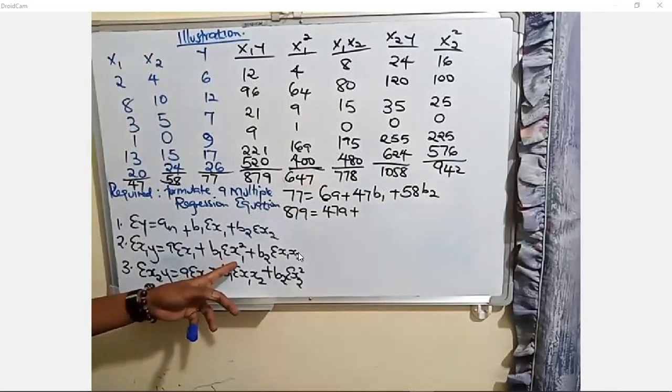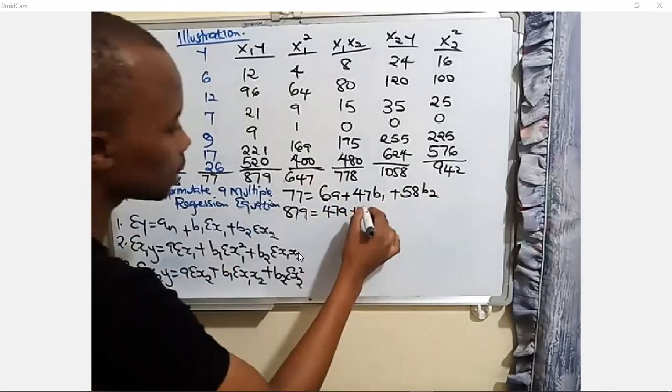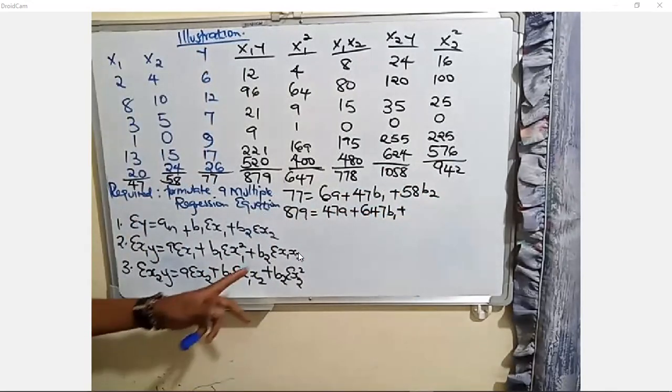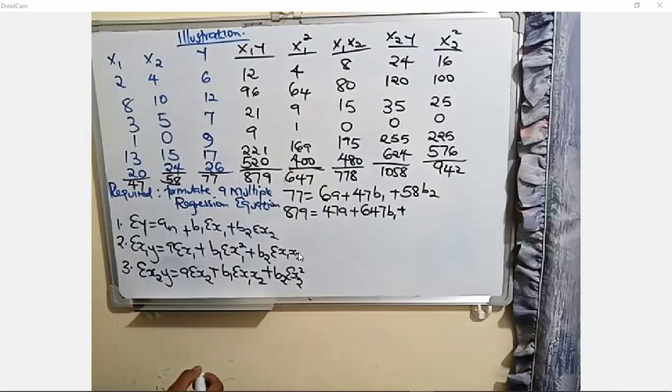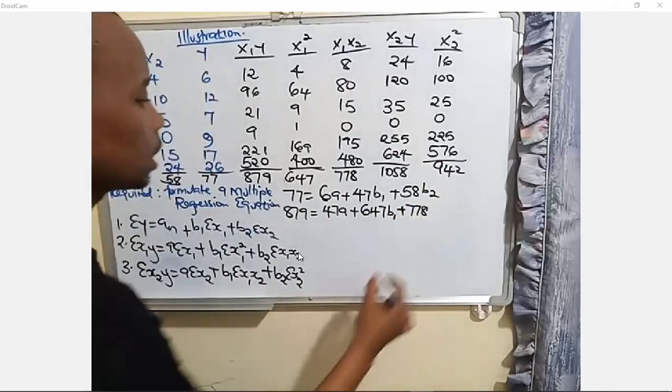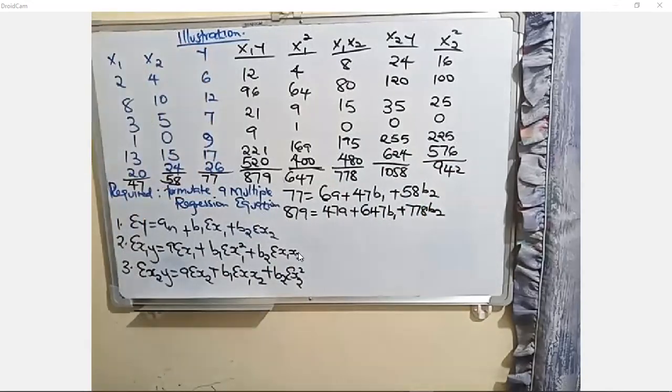plus summation of x1 squared, I was able to get 647, b1, plus summation of x1x2, we're going to be having 778, b2. Then the other one, I'm going to be having the summation of x2y.